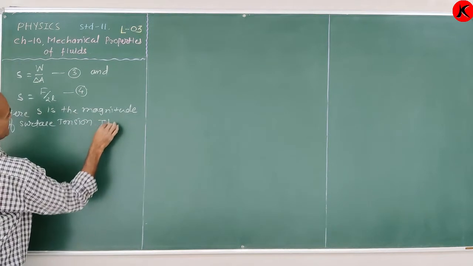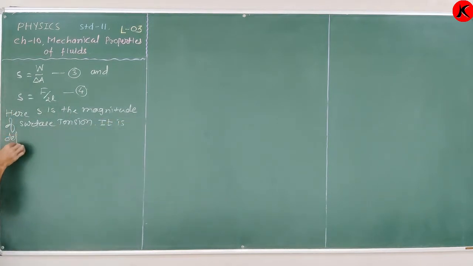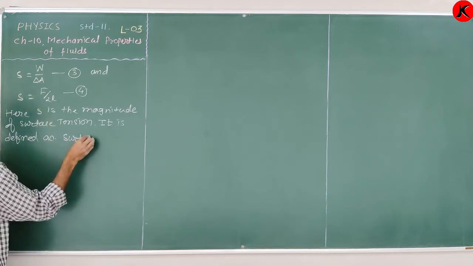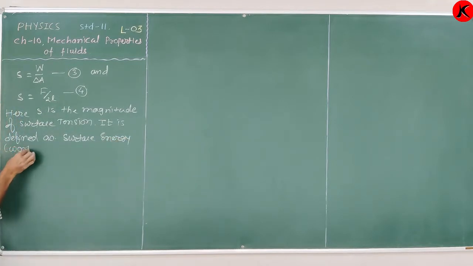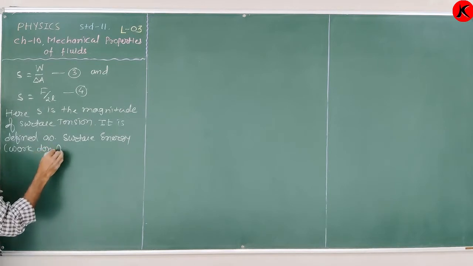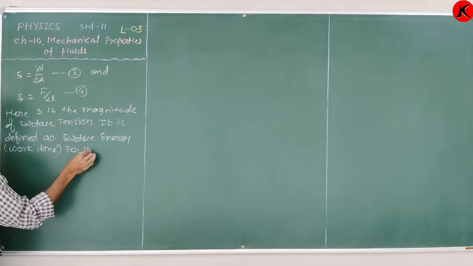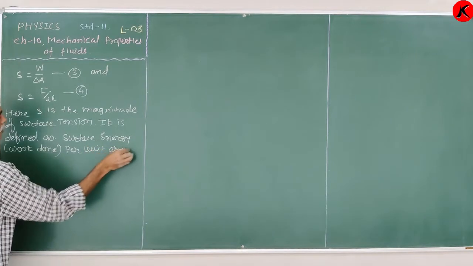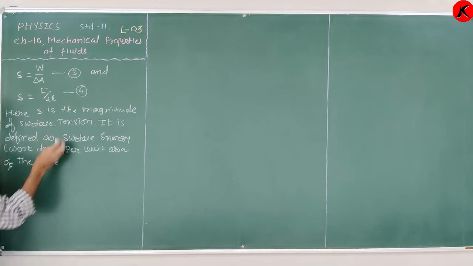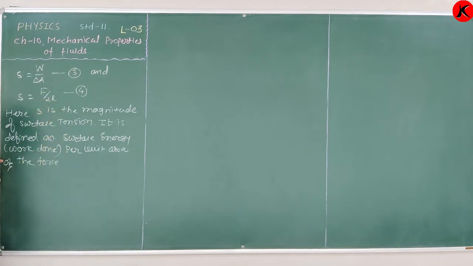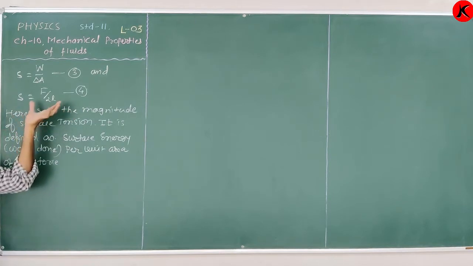It is defined as surface energy per unit area, that means the work done per unit area, or the force acting by a fluid per unit length on a movable bar.